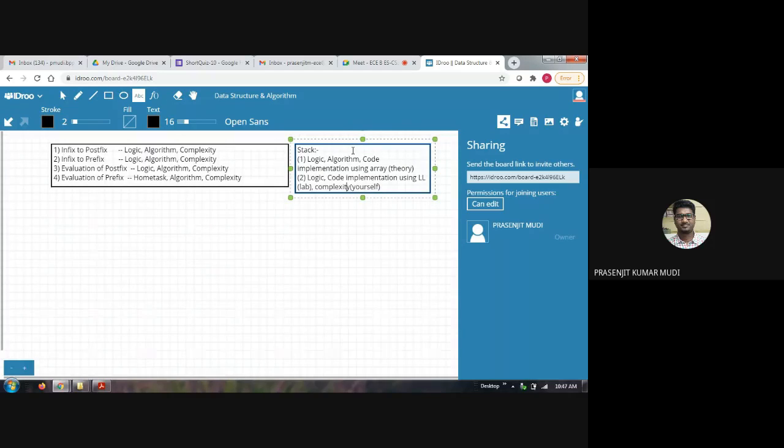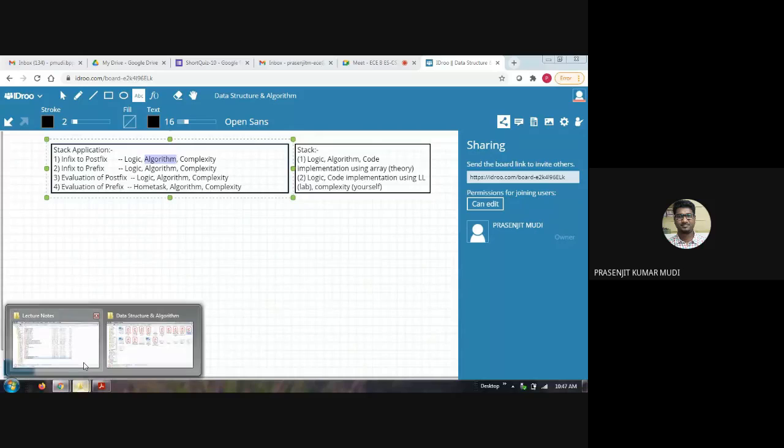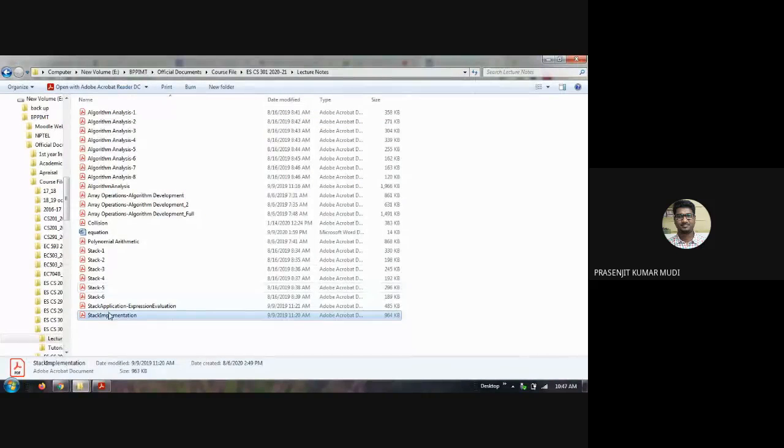So please try to clarify what you are studying in the next sessions. This is stack application. Now the algorithm and complexity analysis is not a big deal, because once you write the algorithm, it will be very easy to find the complexity.